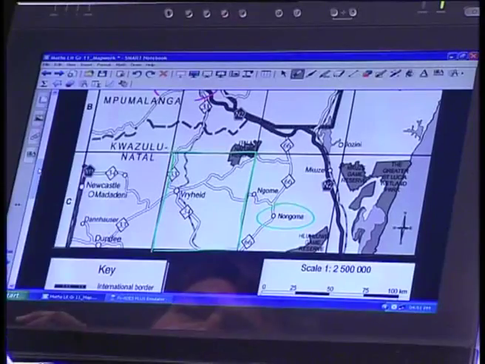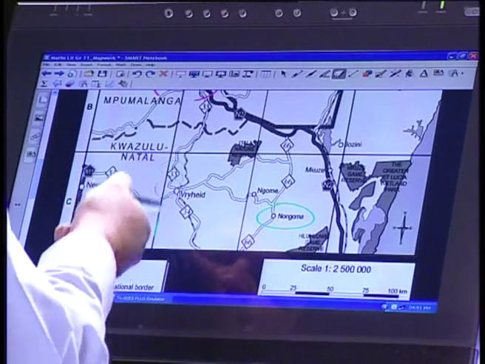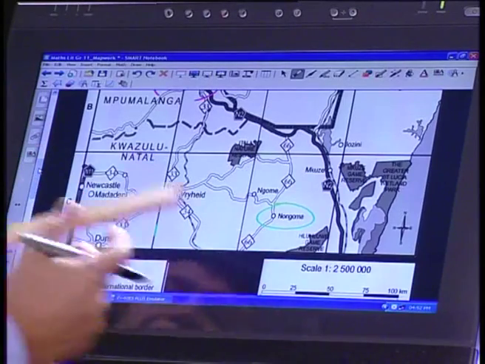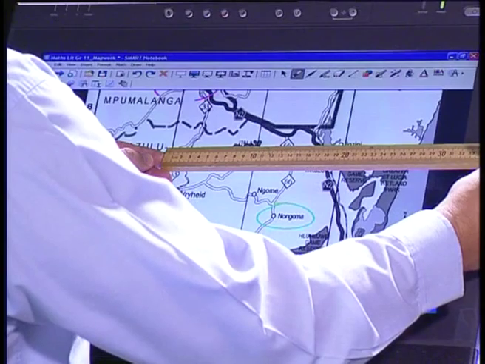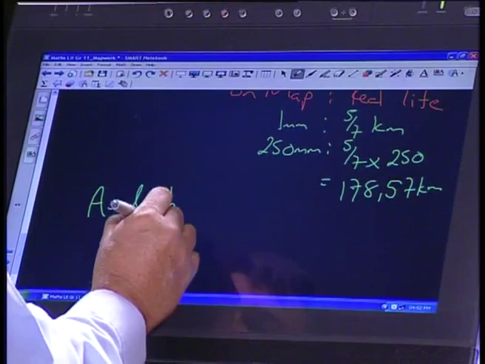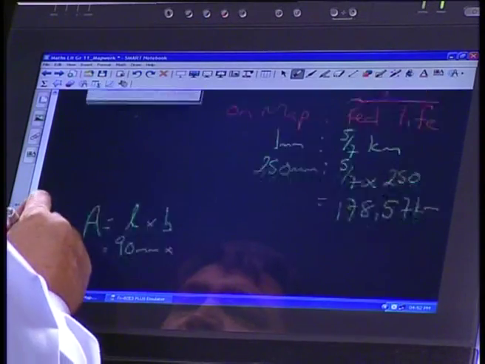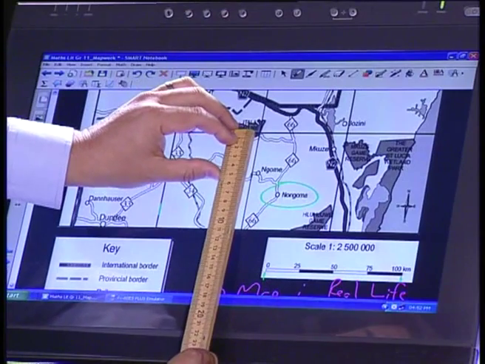Here's our block. Okay? We're going to measure the distance of this block. Take my ruler. My ruler tells me that the length of one block, or the breadth of one block, is round about 90 millimeters. Okay? So we're going to say, great, it's 90 millimeters. Multiplied by the breadth, or the length, whichever way we want to call this.